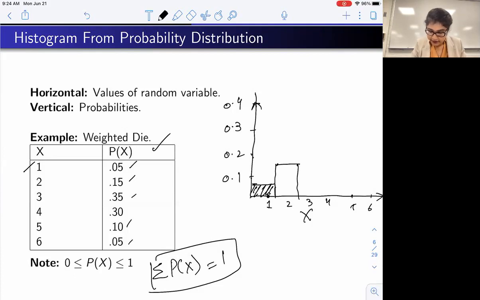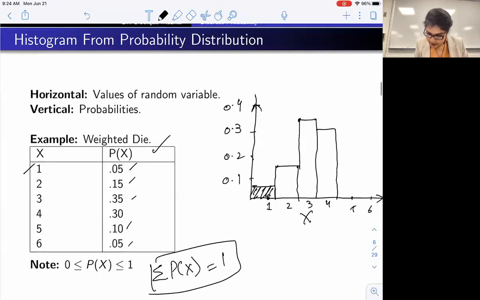It is 0.35, so 0.35 will be here. This is the probability for 3. The probability for 4 will be 0.3. For 5 it is 0.1, so it will be this one. And for 6, this is again 0.05.